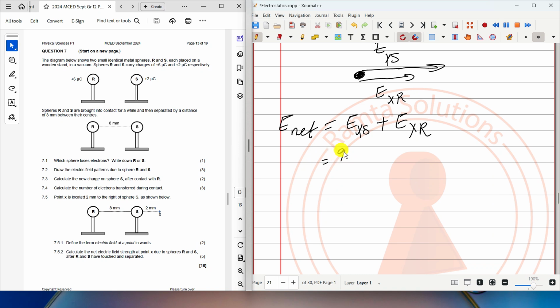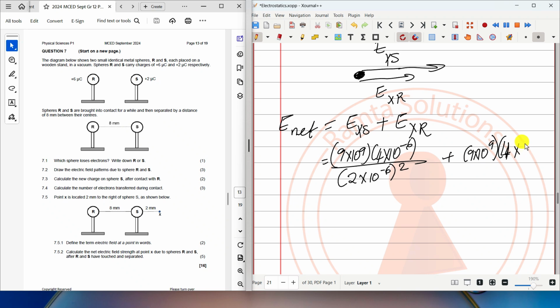Now let's see. This is 9 times 10 to the 9. What is the charge of sphere S? The charge of sphere S is, oh, all of them were 4 because it's after contact. And what is the distance? The distance is 2 millimeters. Milli means 10 to the negative 3. Again, the charge was also 4.